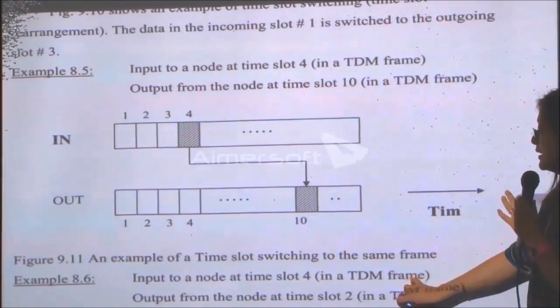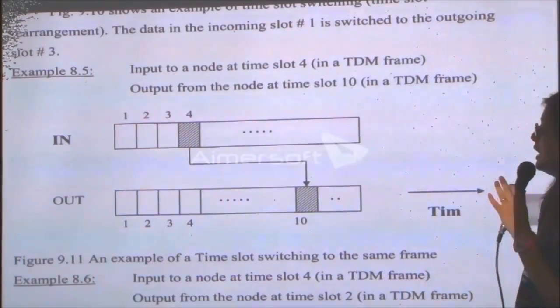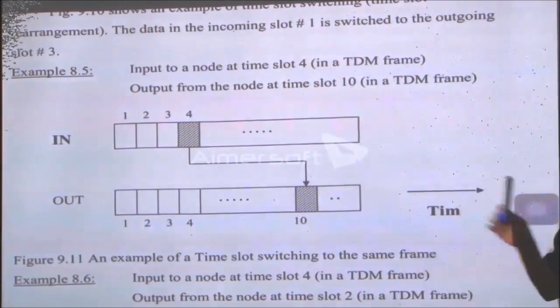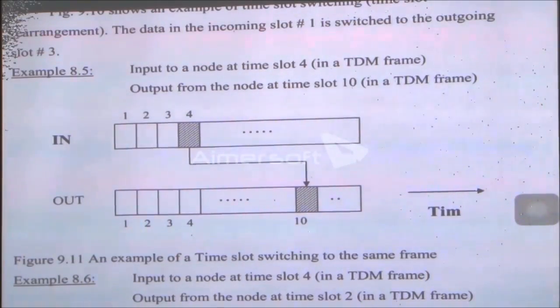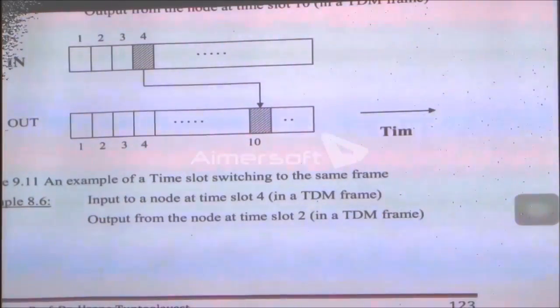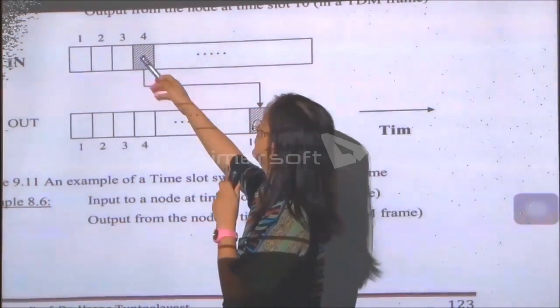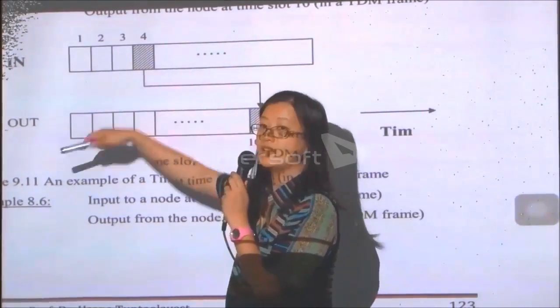Now let's look at another example. If you have, again, input in time slot number 4, but you want to put it in time slot number 2. User 4 wants to send to user 2. So what happened? In this case, when number 4 reads the data into the buffer, number 2 is already gone out.